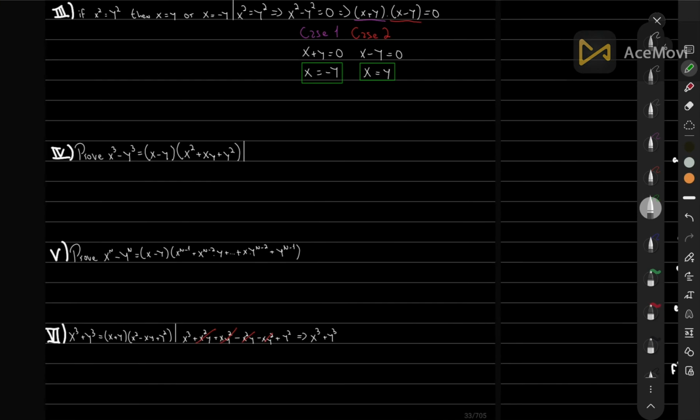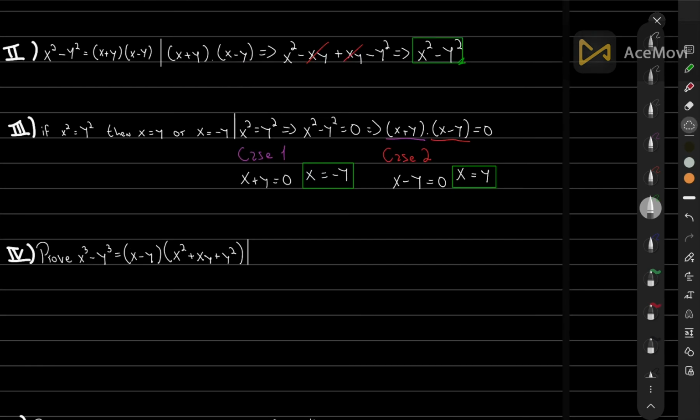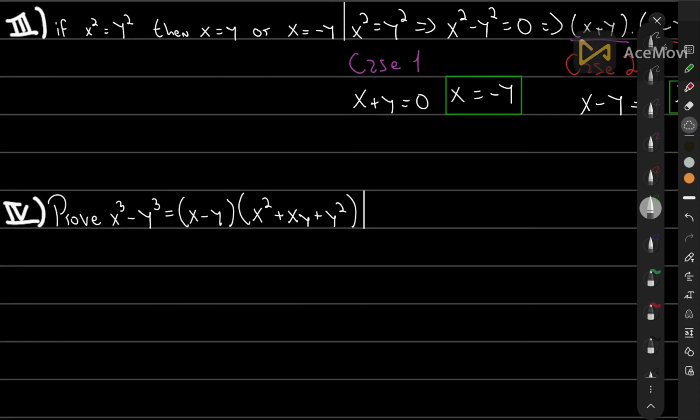So next one, the fourth. I was just rearranging some things to make it look better. So let's go. This one is to prove x cubed minus y cubed is equal to x minus y times x squared plus xy plus y squared.